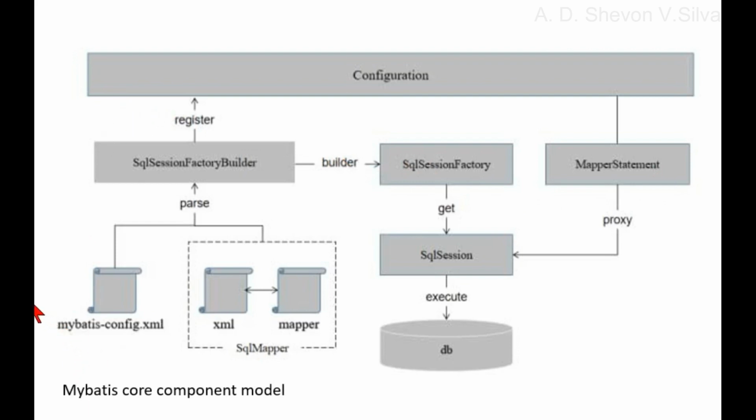Read the MyBatis main configuration file and the SQL template file, and generate a mapper proxy factory object for each mapper interface, and cache it in the MyBatis global configuration object config.